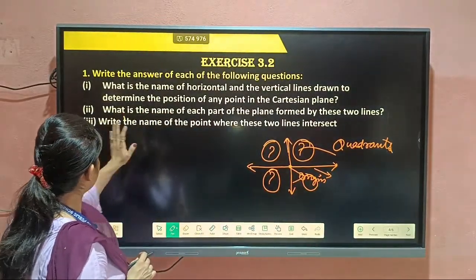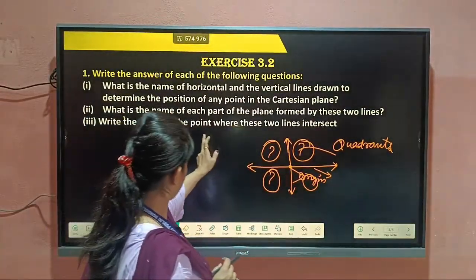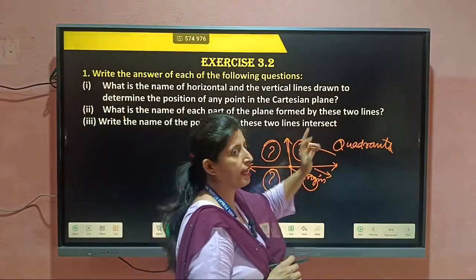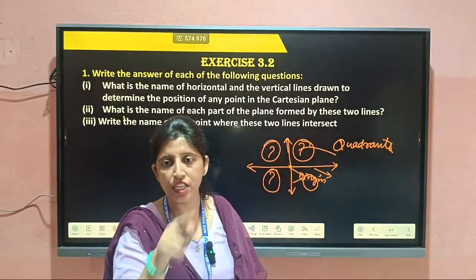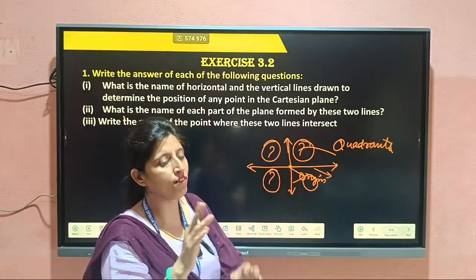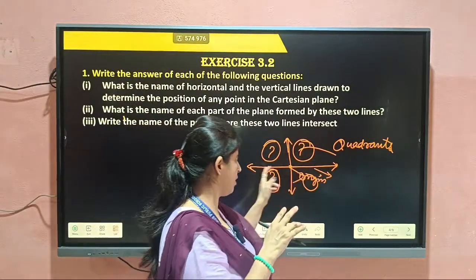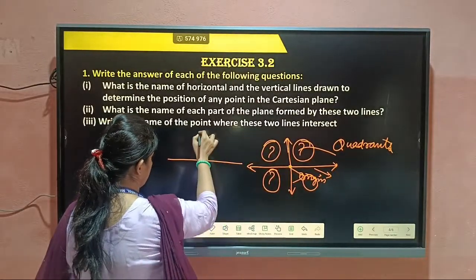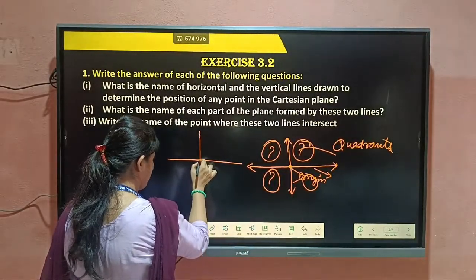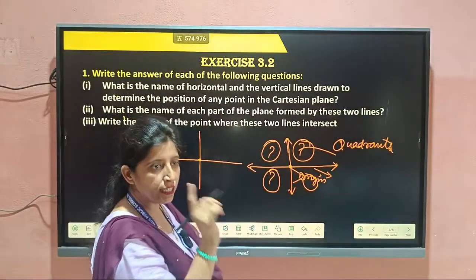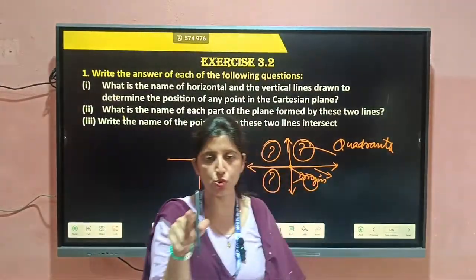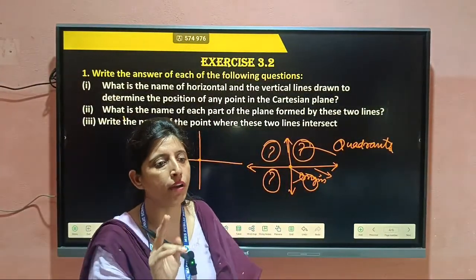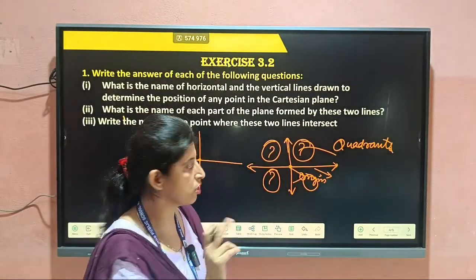Next, write the name of the point where these two lines intersect. Whenever two lines intersect, because this is horizontal and this is vertical, both meet at one point. These two lines always meet at the origin, 0, 0.